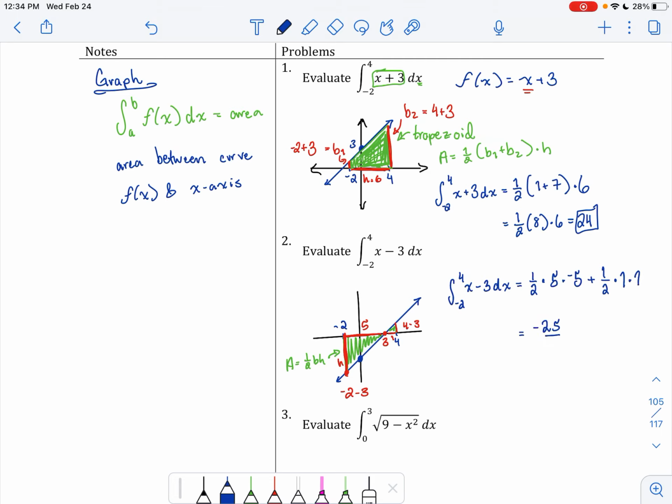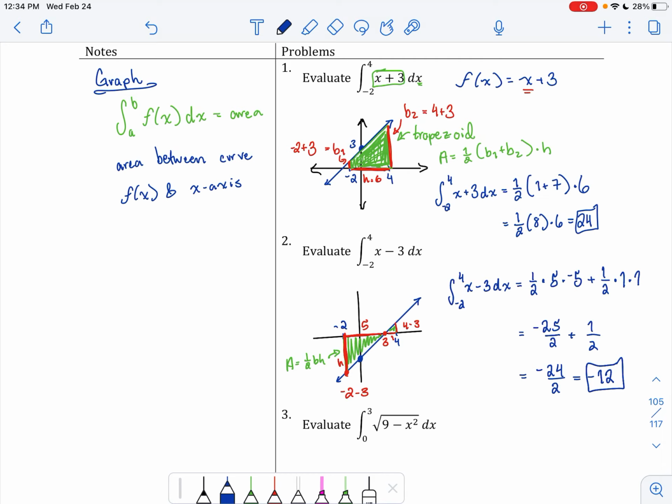So -25/2 for the negative triangle, plus 1/2 for the positive triangle, which gives us -24/2 as our final answer. The integral from -2 to 4 of x minus 3 dx is a negative answer, and it's -12, since most of the area is beneath the curve.